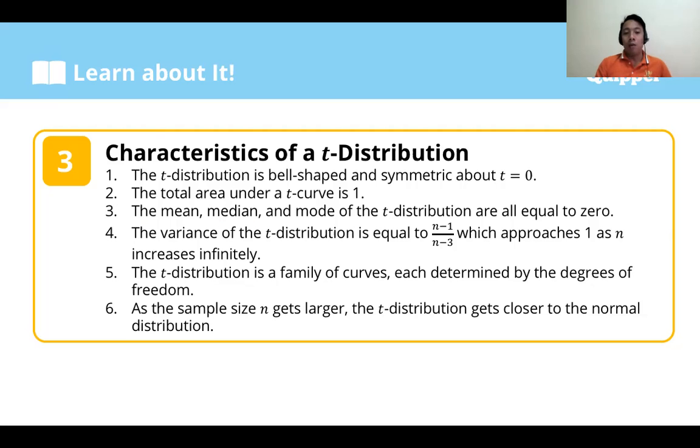If our n, for example, is pinaka-maximum na natin is 30, so it is now closer to the normal distribution. Okay? So those are the 6 characteristics of a t distribution, and we will use those later to differentiate or to differ from the z-test.